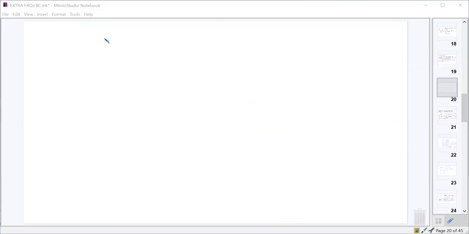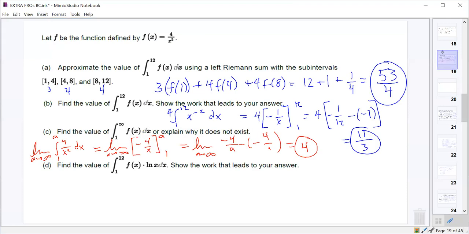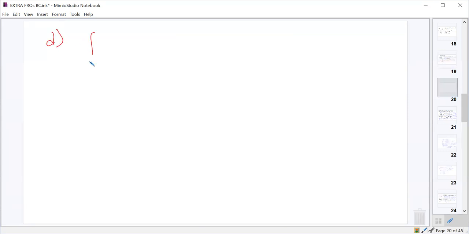All right, and then part D, I guess a new page because this one's going to take a little bit more room, I think, based on what they're asking us to do. The integral from 1 to 12 of f of x times ln x, so 4 ln x over x squared. And I'm just going to pull that 4 out to the front because there's no reason to keep it in there.